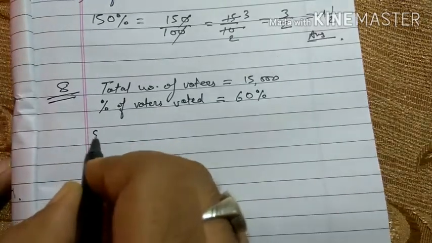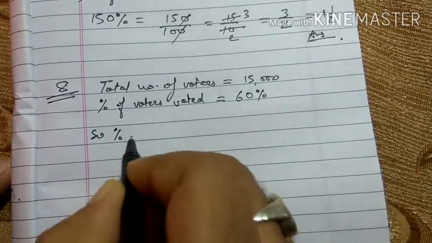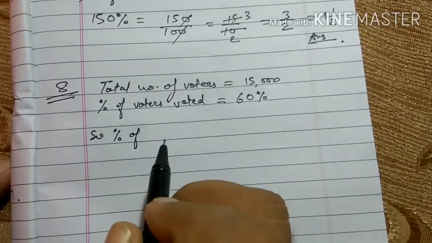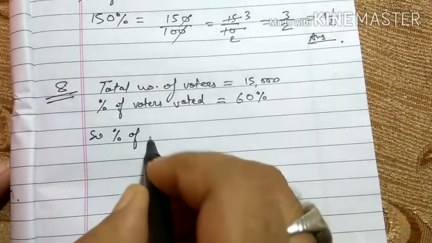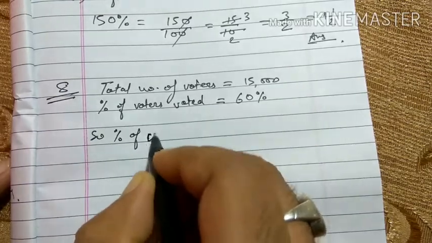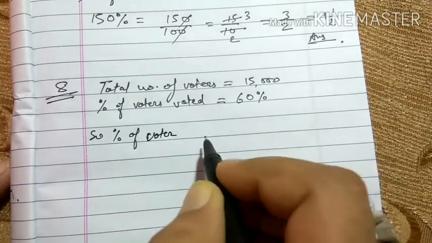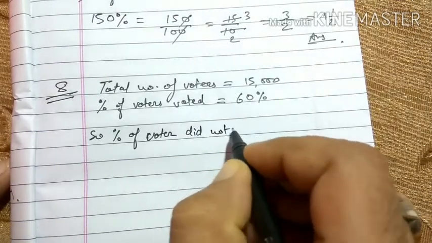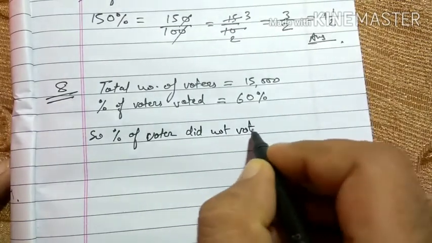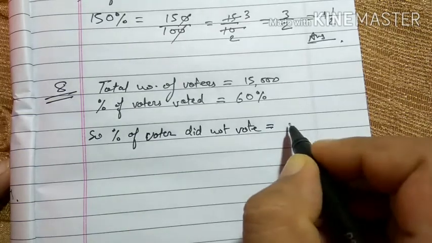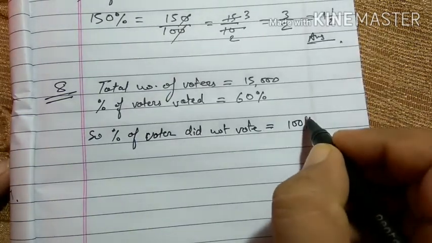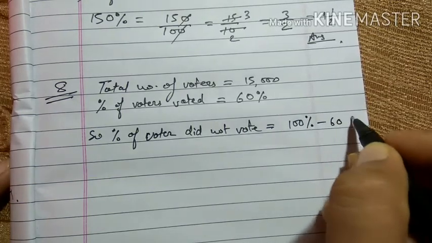Okay, so this is the first part: we have to find the percentage of voters who did not vote. So the percentage of voters who did not vote will be equal to 100% minus 60%.